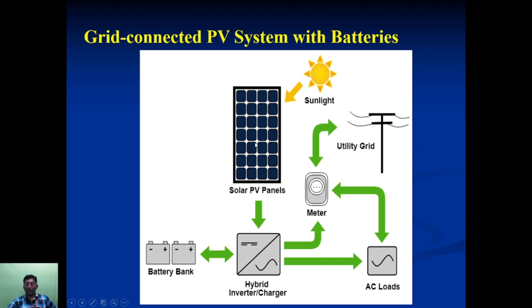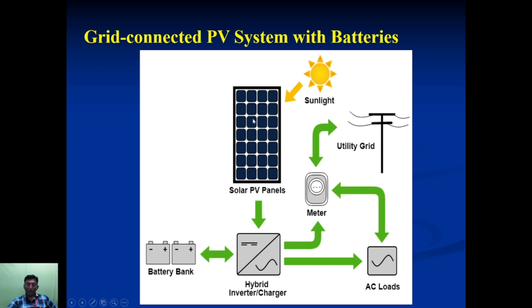We cannot connect the panels directly to the battery, because there is so much fluctuation. So to charge the battery we need a charge controller or charger, which is available in this same setup. This is known as a hybrid inverter/charger.